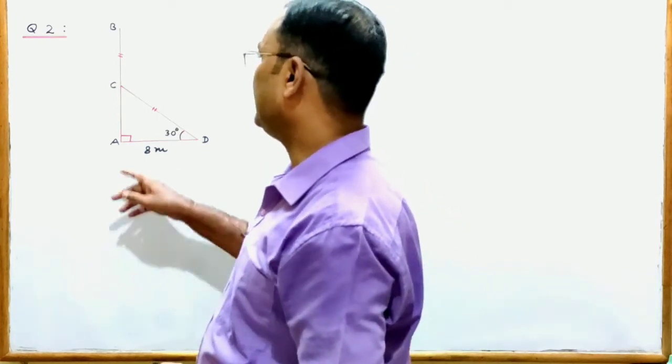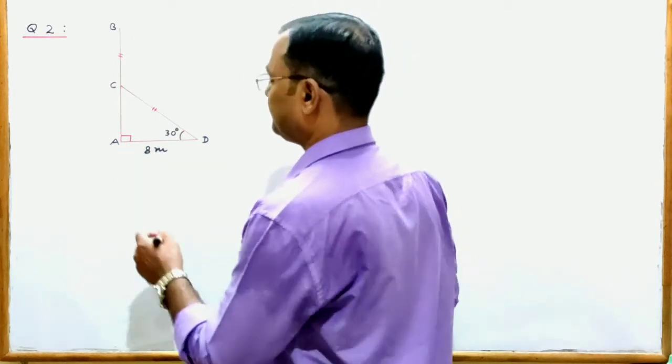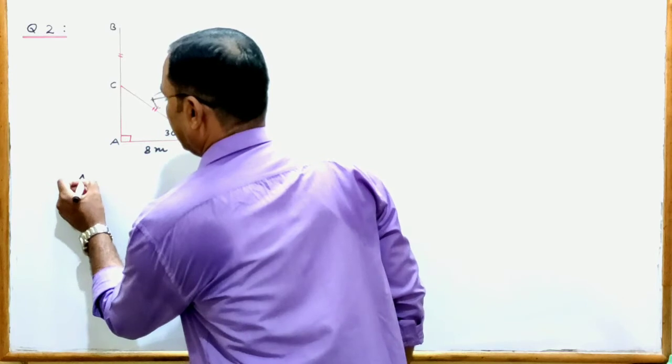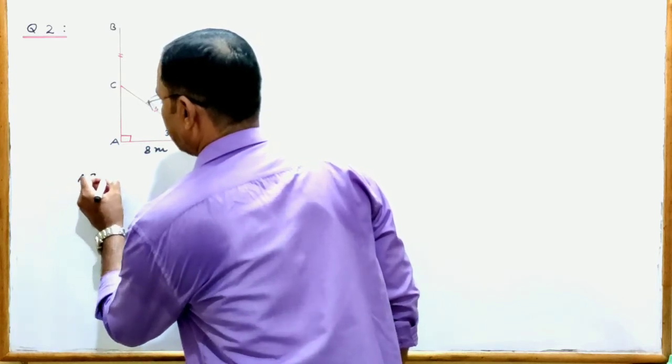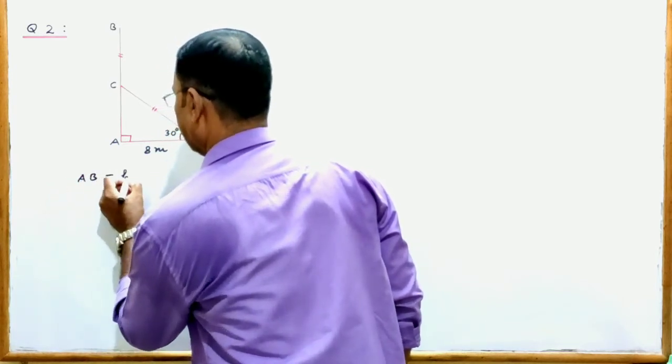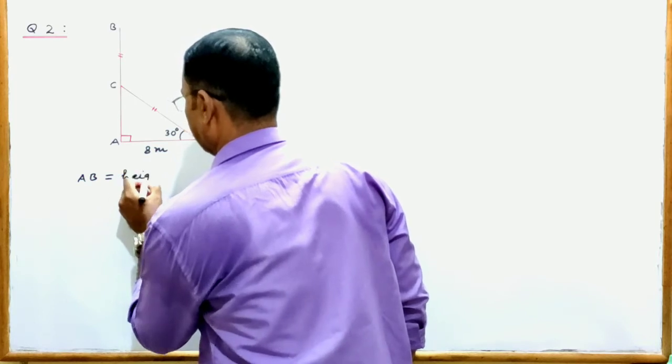We have to find the height of the tree. So AB here in this figure is the height of the tree.